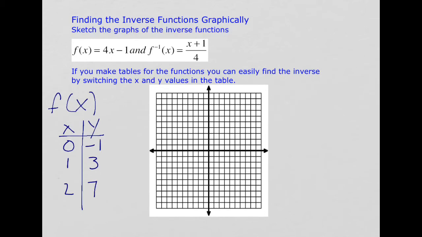So I have the points 0, negative 1, the point 1, 3, and the point 2, 7. And my line goes through here like this.